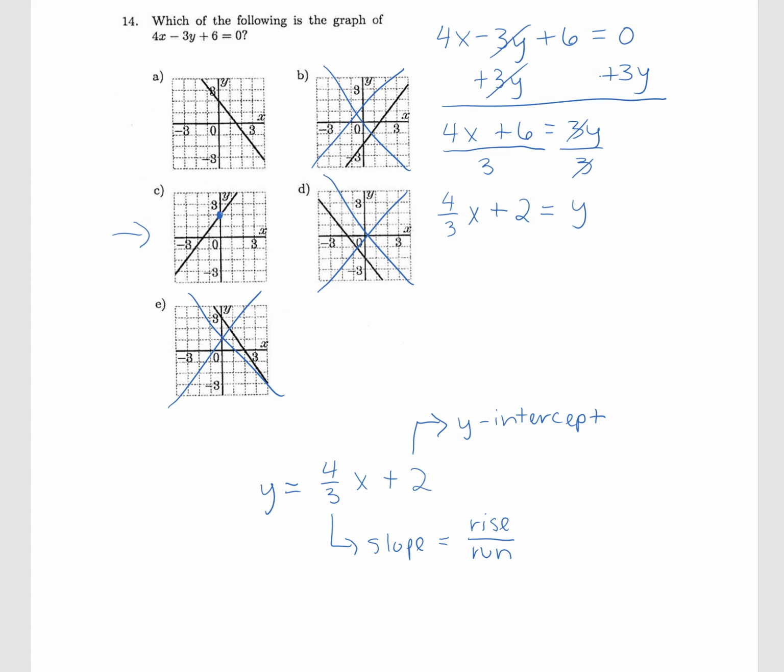So if we count down 1, 2, 3, 4, and over 1, 2, 3, we get to another point on the line. So this means that our slope is 4/3, and C is indeed our right answer.